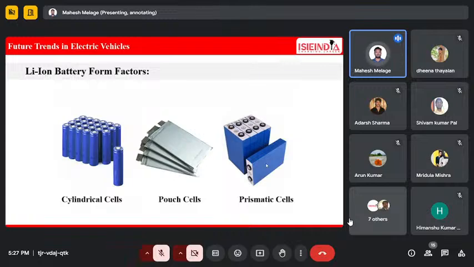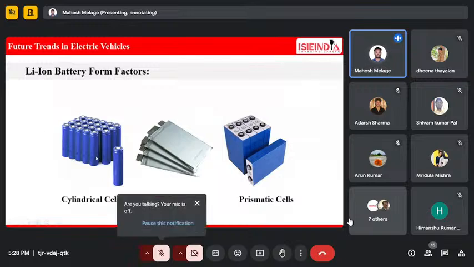We use these types of battery. Most probably in an electric vehicle, we use the cylindrical cell battery, because it is easy to design the battery pack and easy to handle the cells, and any thermal management system used in a battery works effectively in a cylindrical cell because the surface contact of the cells is very less.